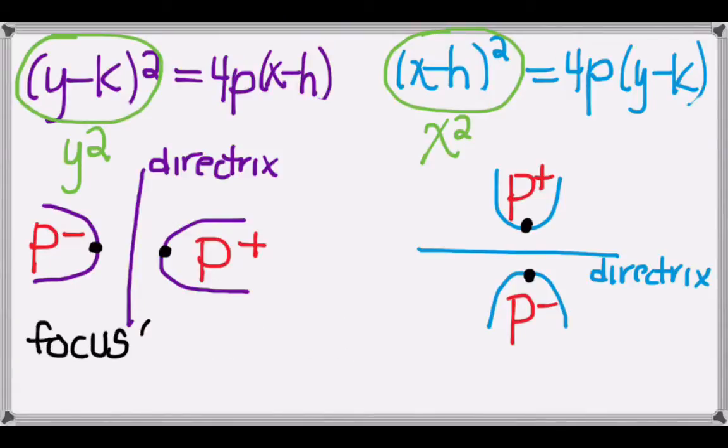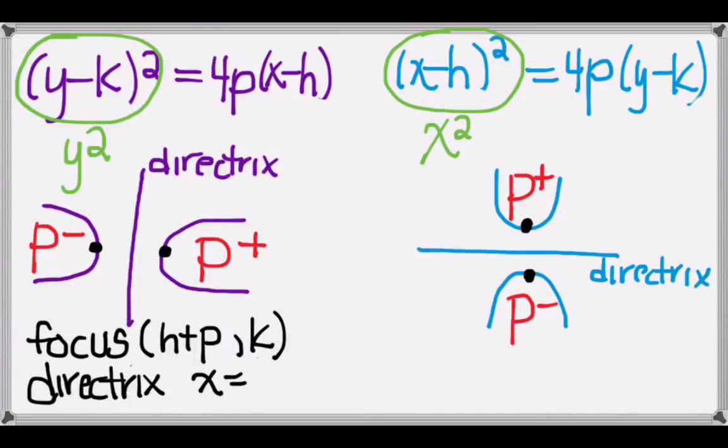For the y squared parabola, the focus is at (h plus p, k), and the directrix is at x equals h minus p. Essentially, that means that if you look at the vertex, you're adding p to find the focus and you're subtracting p to find the directrix. Let's say we just look at an example of a y squared parabola that opens to the right.